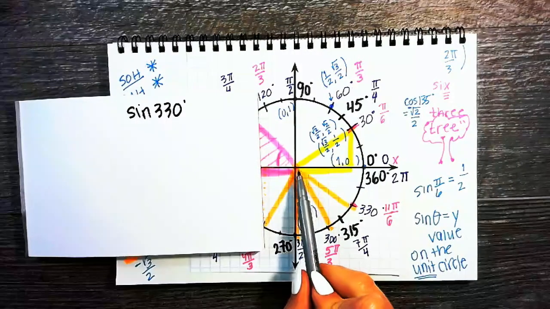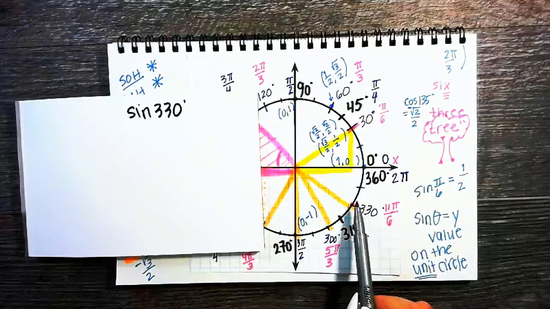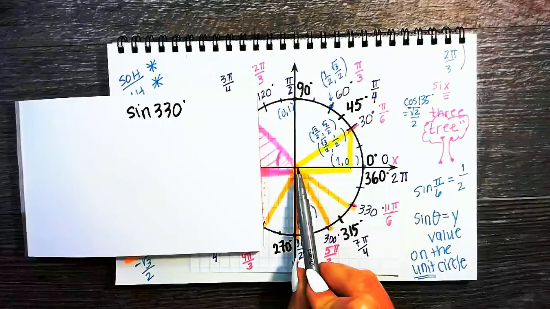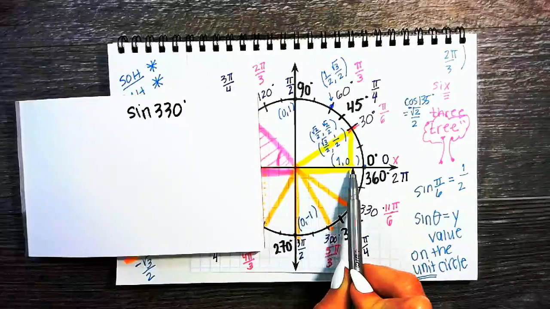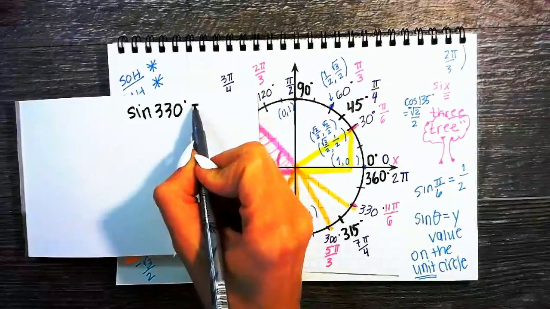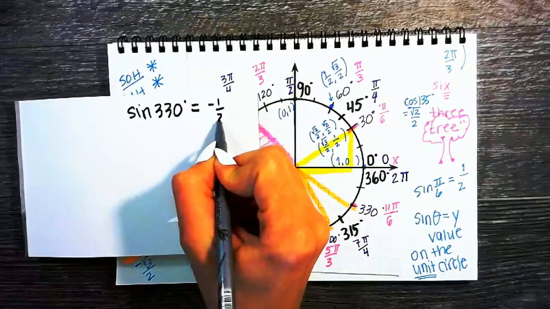But the way I would do it, I know 330 is really only 30 degrees away from 360, so it's the one closer to the x-axis. So if it's close to the x-axis, it means I move over a lot and down a little. Sine is the y value on the unit circle. Down a little is negative 1/2.